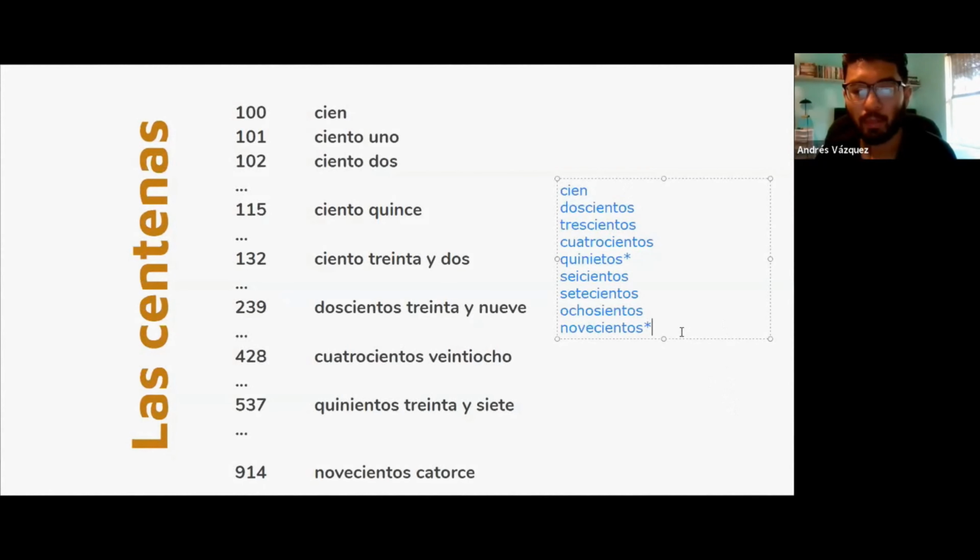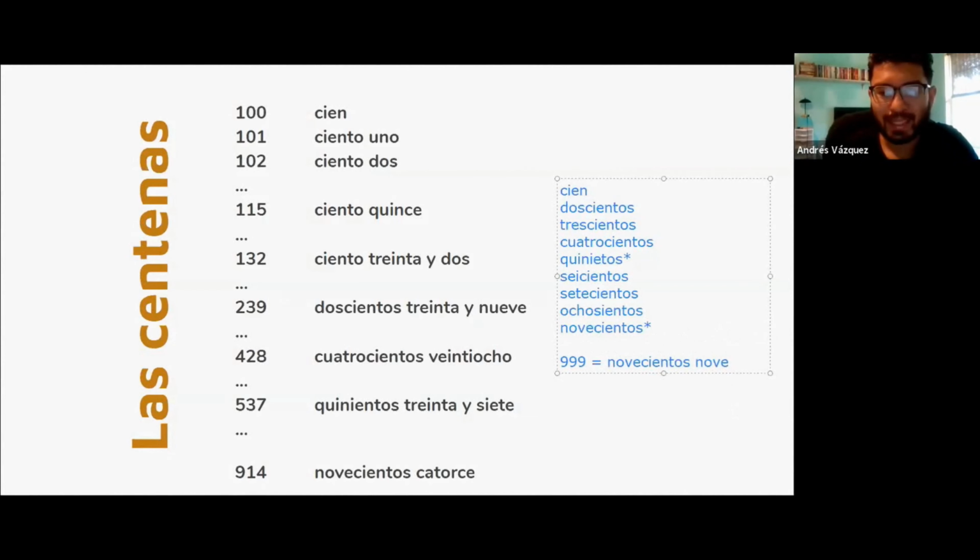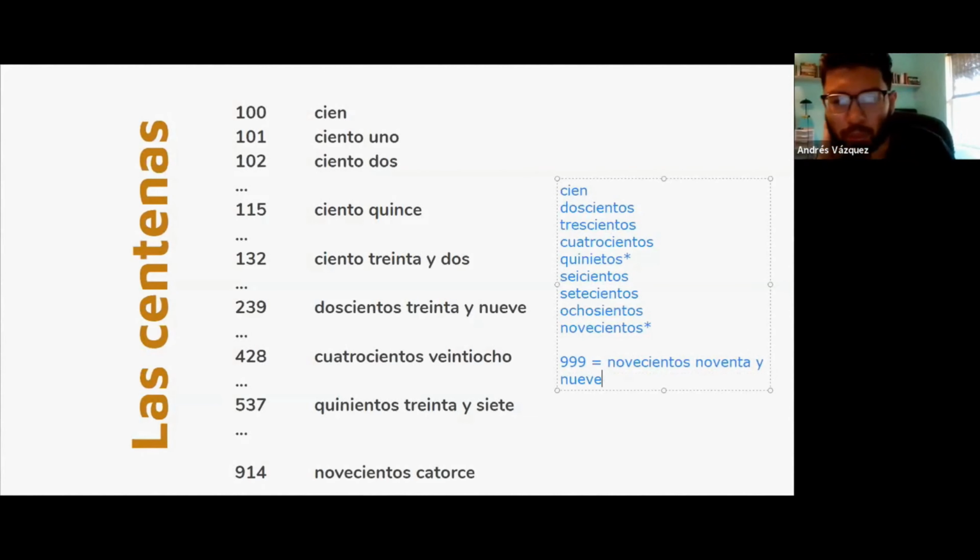We will, for example, end the three-digit numbers with 999. And how will we write this? 999, no? Following the patterns that we have just covered. So 900 in the hundreds place, we add the nove before cientos to make it 900.